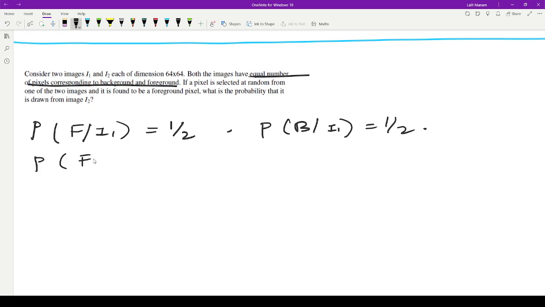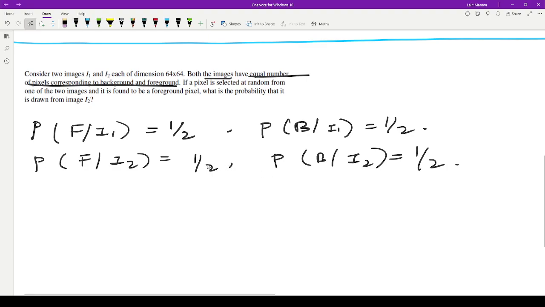The probability of foreground given image I2 is half. Since both the images have the same probabilities, the probability of background given image I2 is also half. And it's also given that a pixel is selected at random from one of the two images, so the probability of choosing image I1 and the probability of choosing image I2 are the same, which is half.